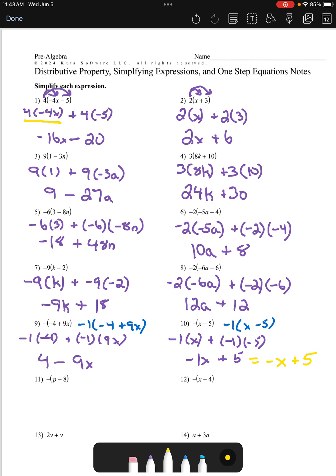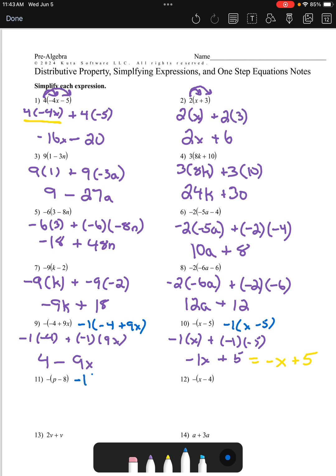There may come a time where you could be penalized for writing the 1, depending on how far you study mathematics. Some teachers, some college professors would deduct points because of the redundancy in writing the 1. It's understood to be there. That would not be something I will do to you this year. If you write 1x or -1x, you will get full credit.